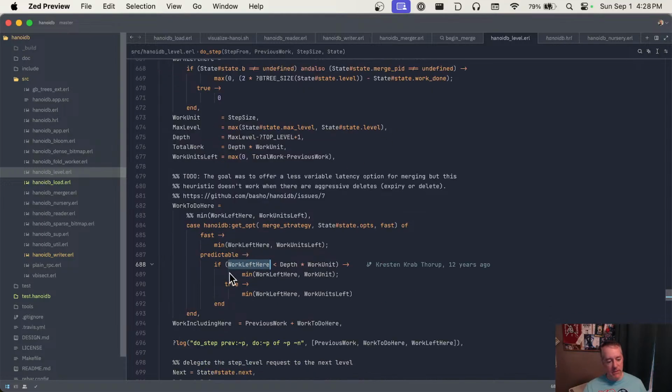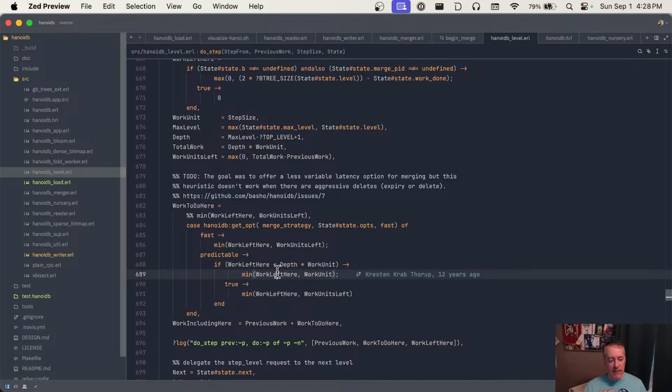Subtracting how much has been done already. If that is less than the desired amount of work, depth times work unit, then you pick the minimum of those two.